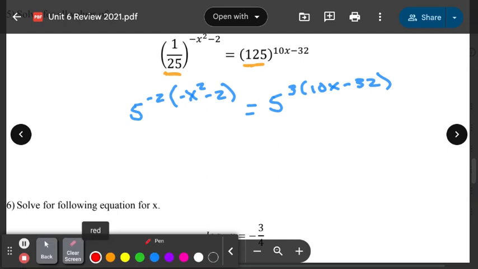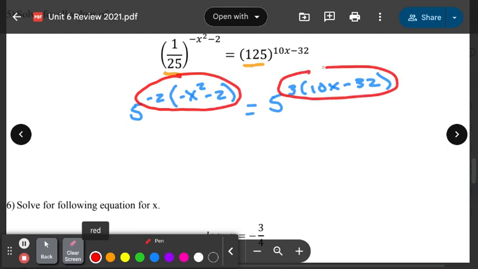All right, we've got common bases now. So to save a little space, I am going to do my distribution while I rewrite my problem. So -2 times -x squared is 2x squared. -2 times -2 is a positive 4. And then on the other side, we have 30x minus 96.